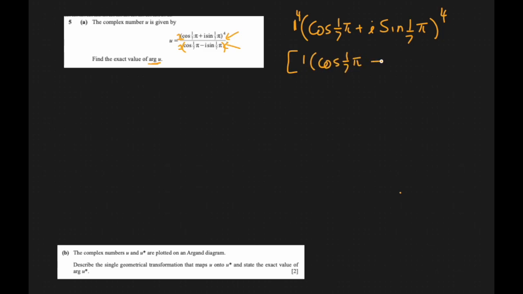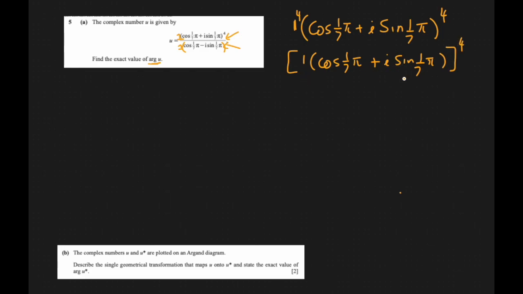So the first one, 1 cos 1 over 7 pi plus i sine 1 over 7 pi, to the power 4. If I put 1 to the power 4 here, that will not make any difference, which means I can write this as 1 cos 1 over 7 pi plus i sine 1 over 7 pi, to the power 4 outside.